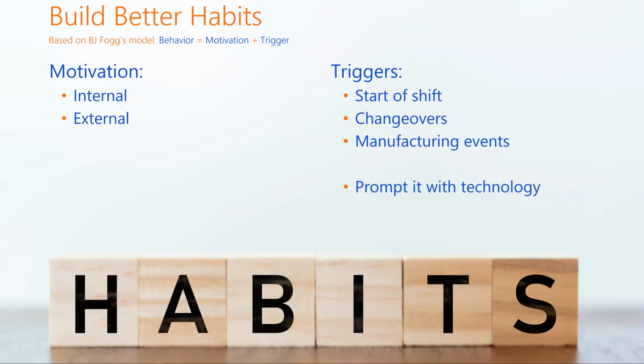The trigger should immediately precede the action that's being taken. The trigger could be the start of a shift. It could be during a changeover, whenever there's downtime, or some other facet of normal events on the shop floor. It could also be prompted by technology when the time is right. An example of this could be a message that pops up for the operator when an autonomous maintenance task needs to be performed.